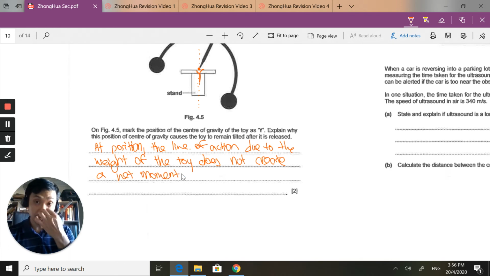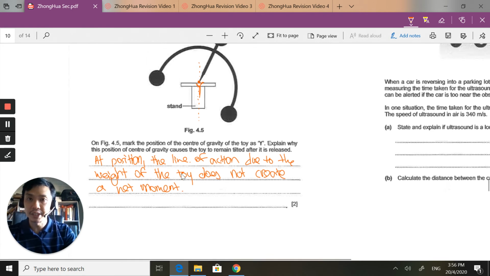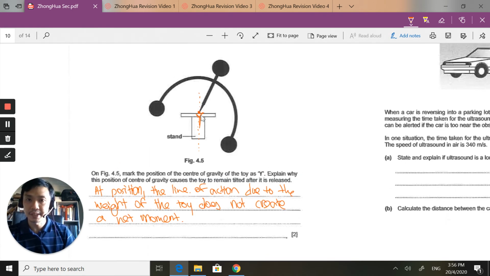Because the CG is over here, there is no clockwise or anti-clockwise moment to rotate this back either left or right.